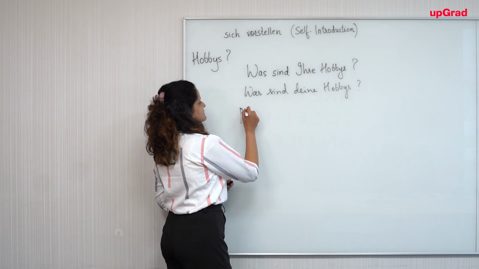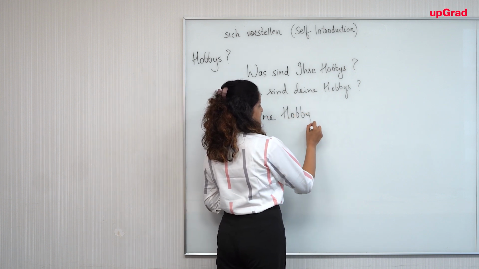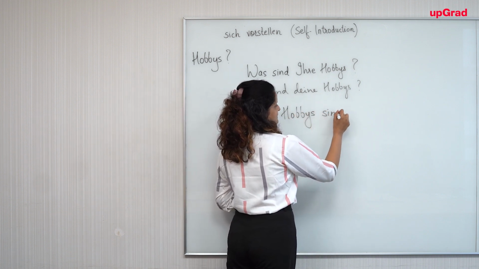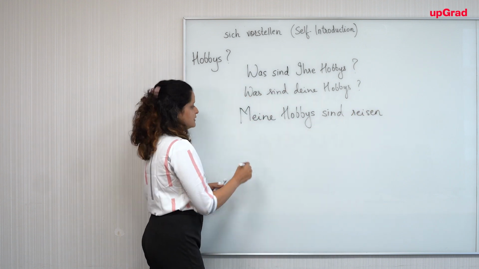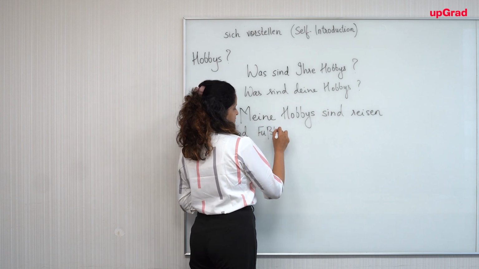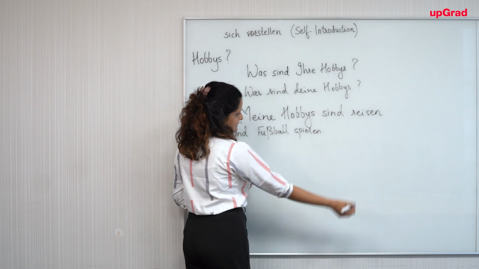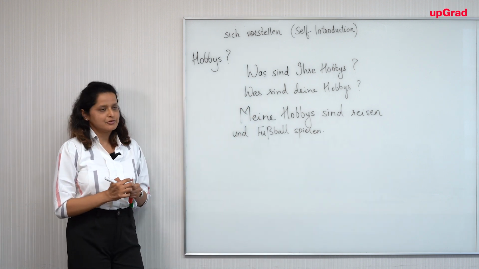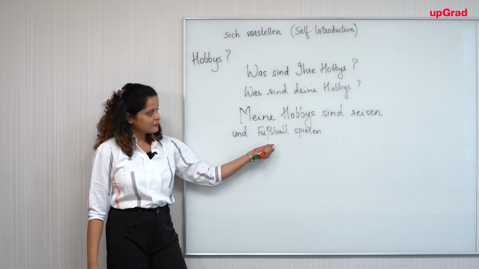So, the response here can be meine Hobbys sind Reisen, that is to travel, und Fußball spielen. Okay, so these are the two hobbies that we have mentioned here. That is to say, yeah, your hobbies are traveling and playing football.